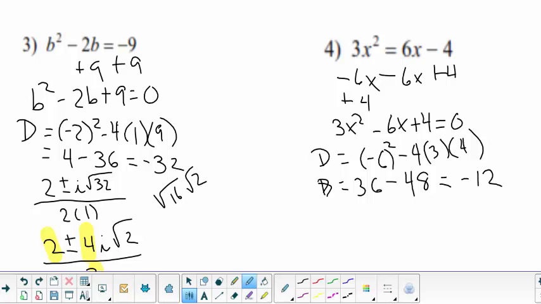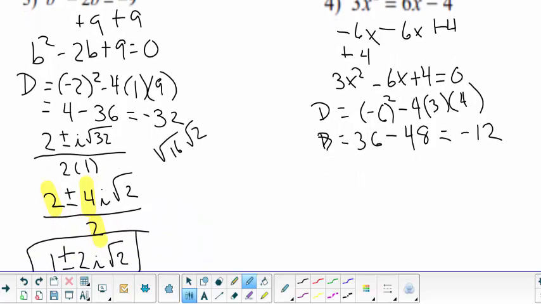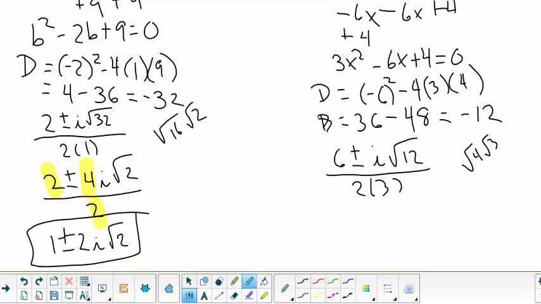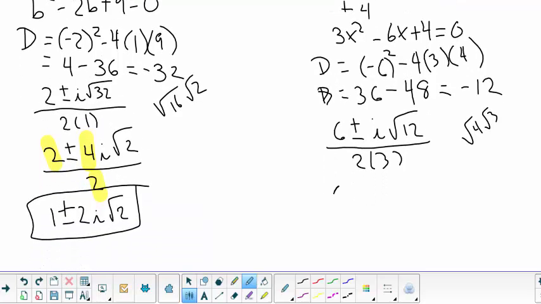Now let's plug it all in. We've got negative b, which would be a positive 6, plus or minus, I'm going to pull my negative out, i radical 12, all over 2 times a, which is 2 times 3. And again, we can pull a perfect square out of 12, because 12 is 4 times 3. So I'm going to rewrite that. I've got 6 plus and minus 2i radical 3 all over 6.